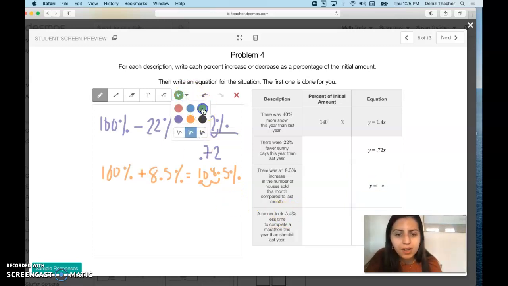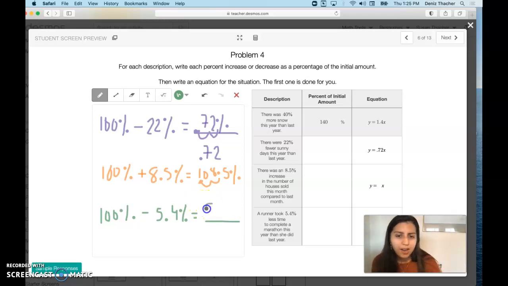For the last one, we have a runner took 5.4% less time to complete a marathon this year than she did last year. Again, our initial amount is 100%. Because it took less time, we're going to subtract 5.4%. Hopefully you got 94.6%.